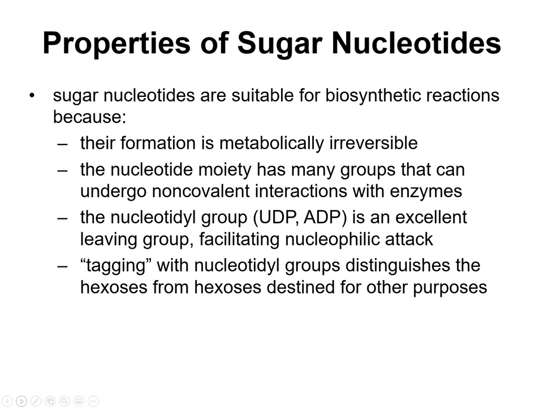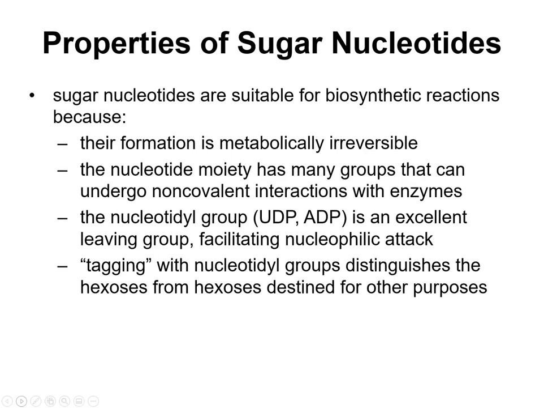Sugar nucleotides are great for biosynthetic reactions. Their formation is pretty much irreversible. That large negative delta G of breaking up that pyrophosphate, you're not undoing that. So it is irreversible. The nucleotide moiety has a lot of little groups that can interact with an enzyme.